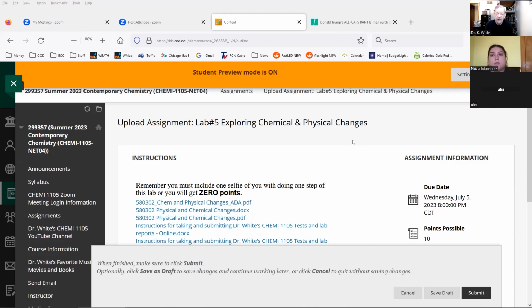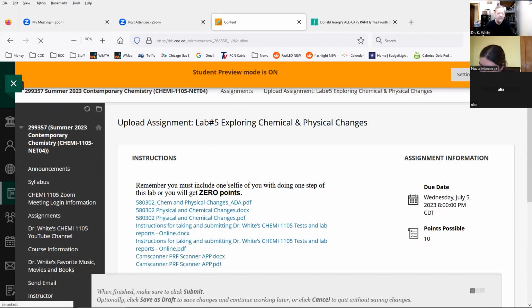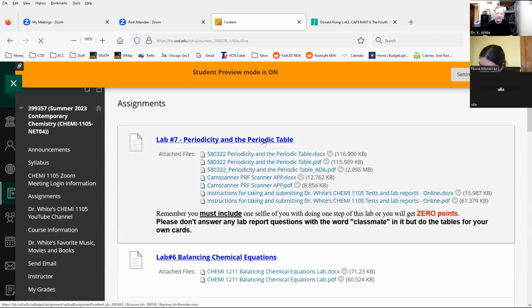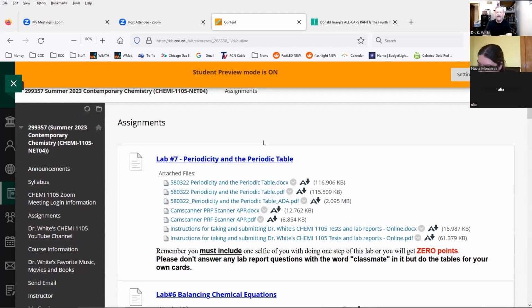If you want to put more photographs, I'm not going to stop you. Go right ahead. Have fun. But for lab 7, take a picture of the card arrangements for one you're supposed to do for each activity. You don't have to have 24 or whatever pictures in there. Does that help you, Julia?